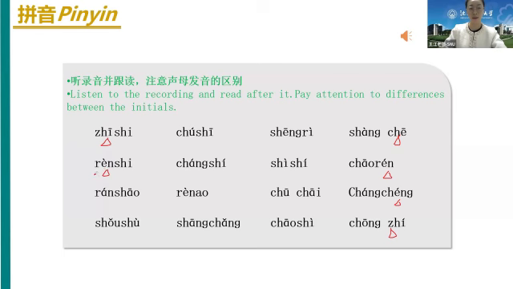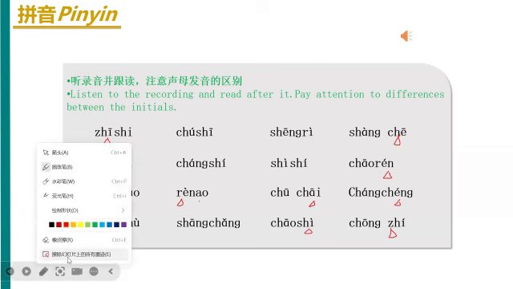So 认识, we should emphasize the first syllable. 认识, 热闹, 知识. Otherwise the word stress should be on the last syllable, the second syllable, and we should emphasize the last syllable. 超市, 充值, 长城. Okay, so are you clear about the word stress? 明白了, ma'am.